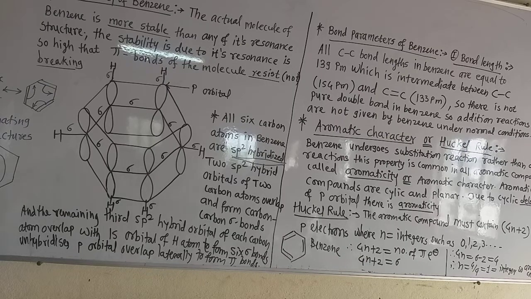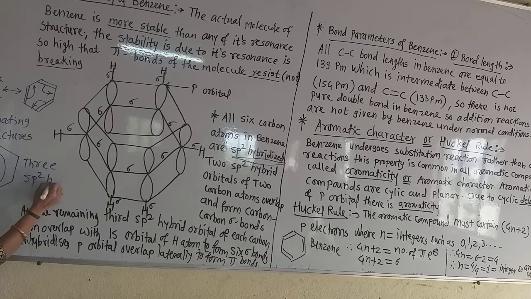The sp2 hybrid orbitals overlap in such a way that each carbon atom has 3 sp2 hybrid orbitals. Out of that, 2 overlap with the neighboring carbon atoms.